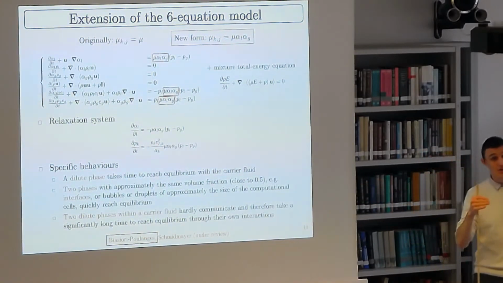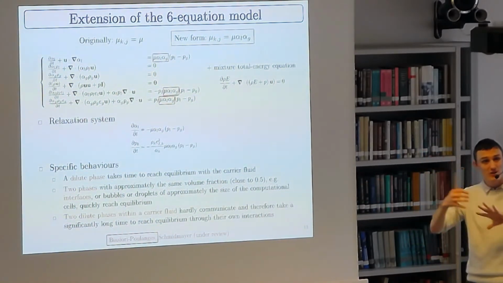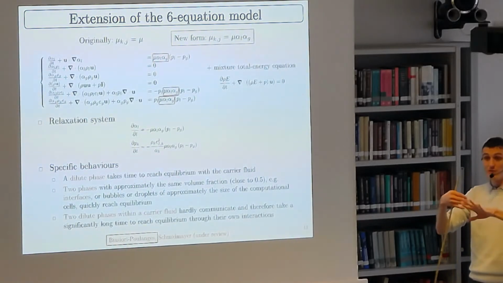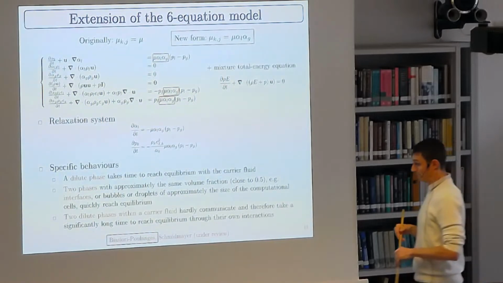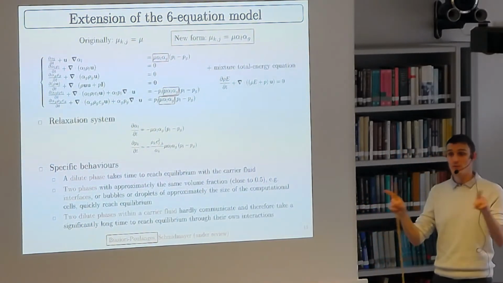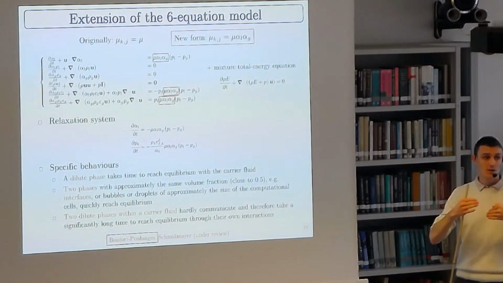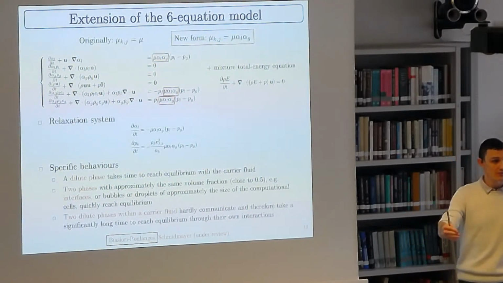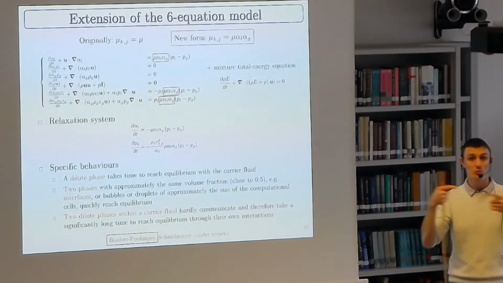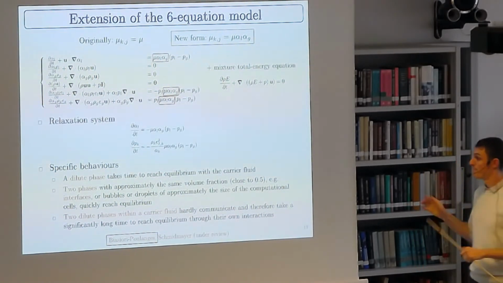So you are at an interface, and they are very close to each other. They communicate a lot, right? Basically, one rebounds and the other one communicates too.